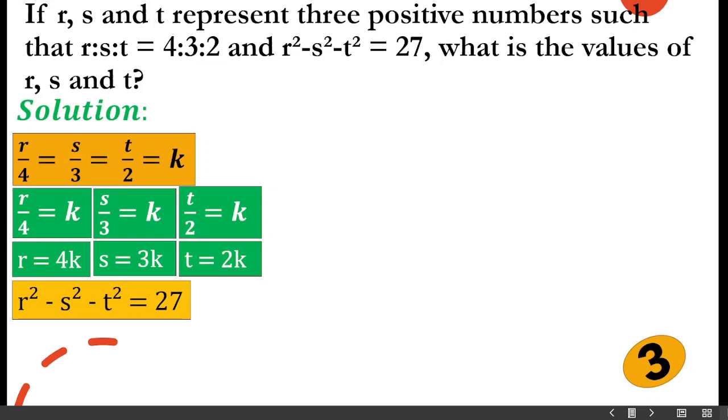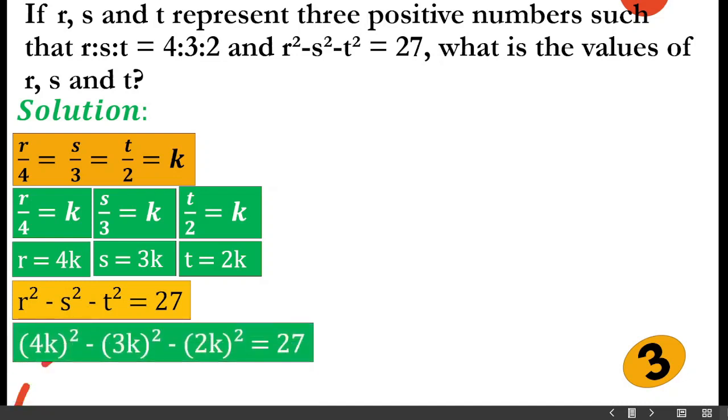r squared minus s squared minus t squared is equal to 27. r is equal to 4k, s is equal to 3k, and t is equal to 2k.